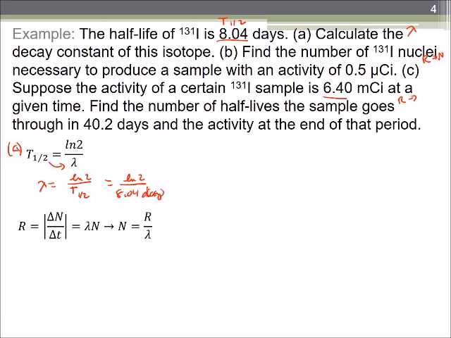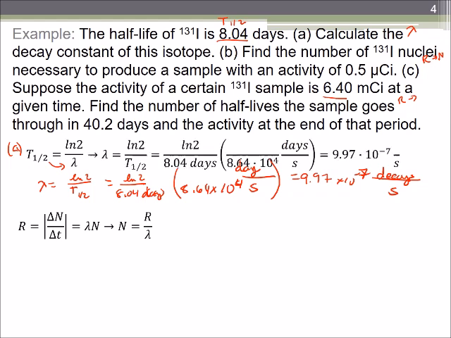And we want this in seconds, so I'm just going to divide by the number of seconds in a day. So seconds per day, 86,400 seconds, equals 9.97 times 10 to the negative 7th decays per second. All right, so that was easy enough. We just used the formula we had.